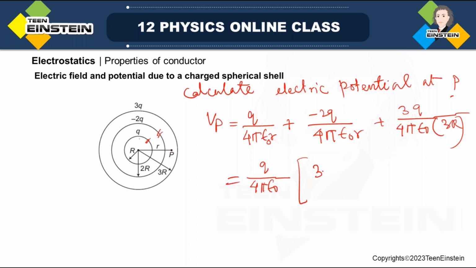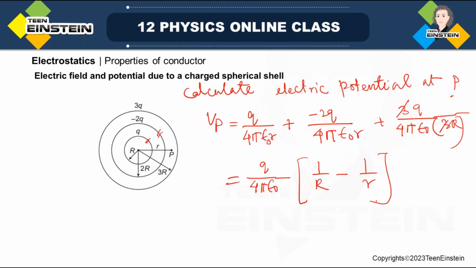The 3 gets cancelled from here, so 1 by R. This will be with a positive sign, and this will be with a negative sign. So this is the value of the electric potential at P due to all the conducting spherical shells.